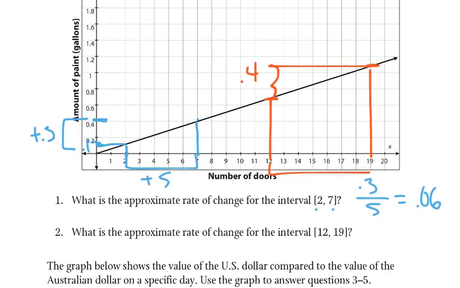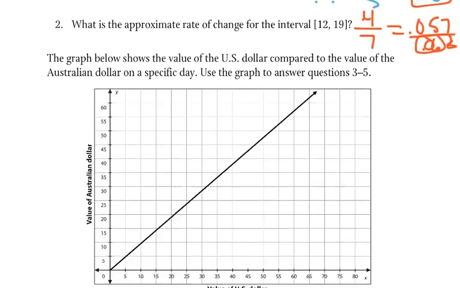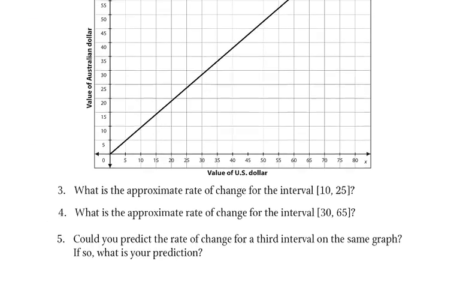And then our horizontal would be 7. So 0.4 divided by 7 gives us 0.057, which we can round up to 0.06, which would make sense since it's a linear. We should have that constant change. Okay, now we deal with the next one.